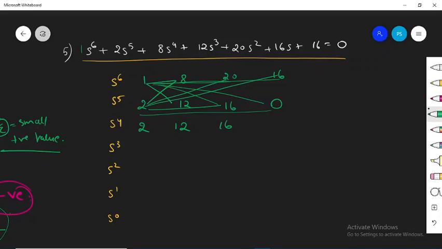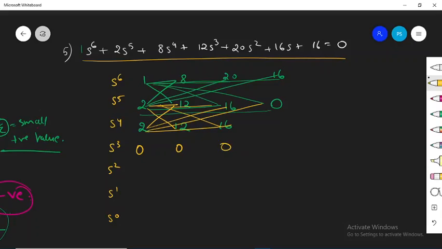Now if you want to write down the values in the next row, it's going to be 2 into 12 minus 2 into 12 divided by 2, which is 0. Then 2 into 16 minus 2 into 16 divided by 2, which is 0. And of course this into 0 minus, no need to write that, but that will again be 0.